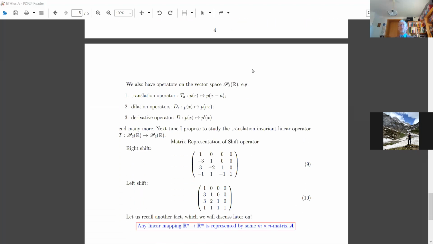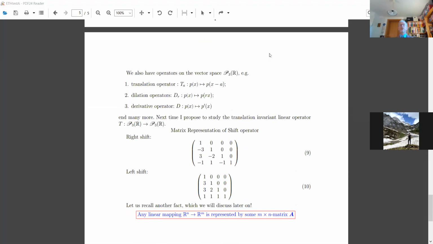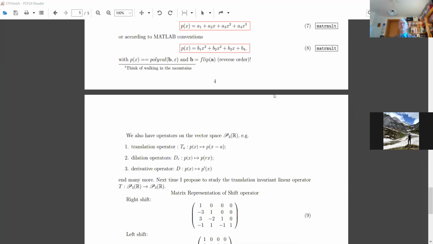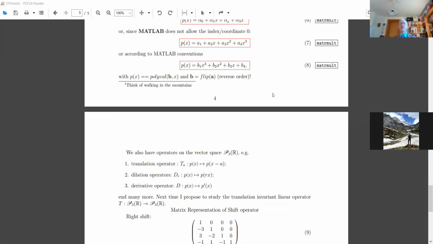Now, I would like to continue with the observation that we also have operators on this space. You see here the operators are not matrices. I'm not showing the matrices right at the beginning, but we are just manipulating the functions. If you have a polynomial, you can shift it.